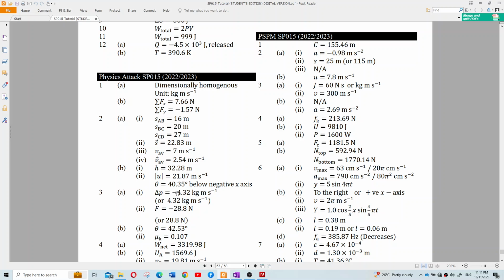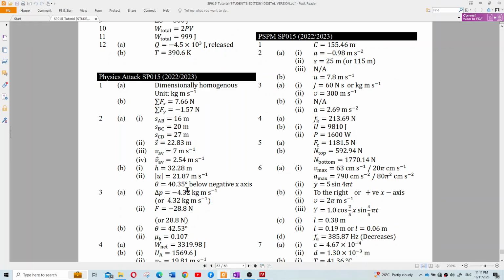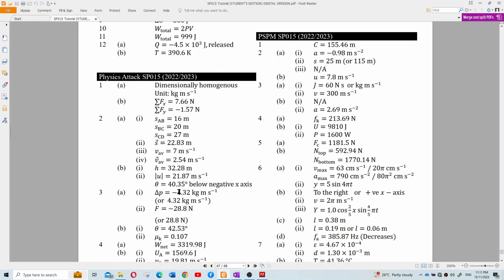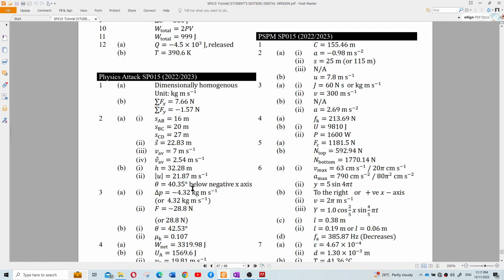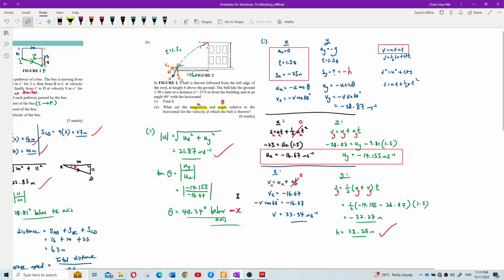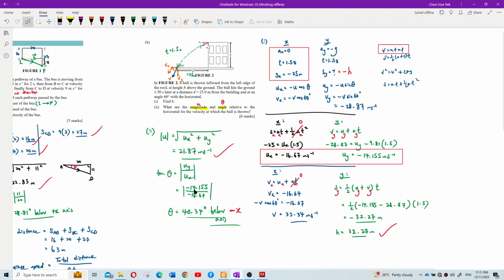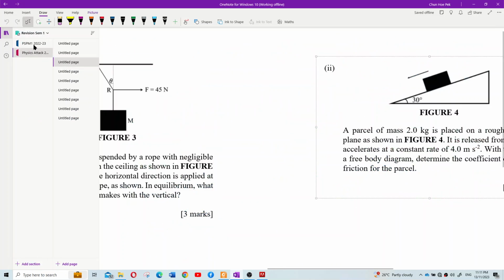And theta is 40.34 degrees, then below the negative x-axis. That's right. Okay, class, that's question 2. Now question 3.